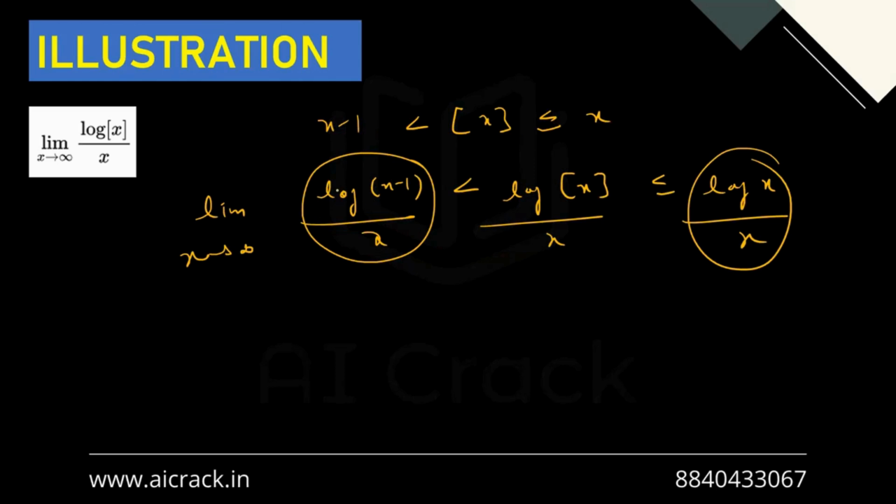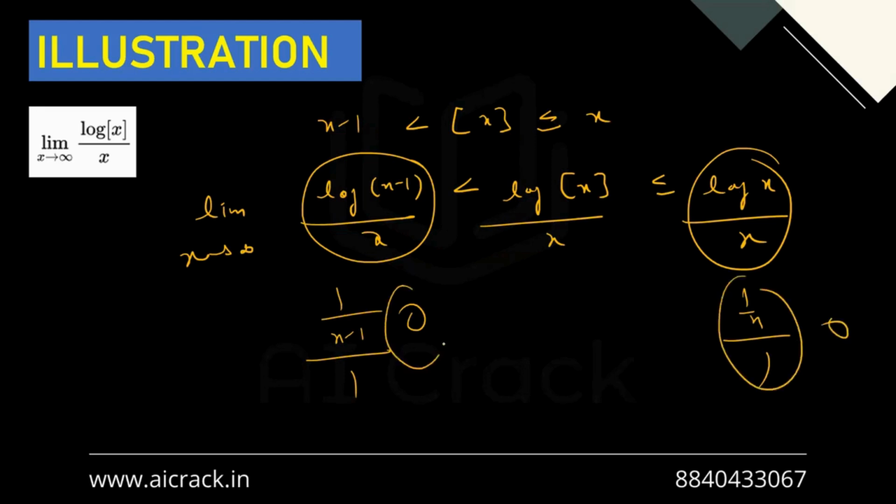If we differentiate numerator and denominator, we get 1 upon x minus 1 divided by 1. So this comes out to be 0 only. And if we differentiate this one, we get 1 upon x divided by 1. Again, this would be 0. Now this is 0, this is 0, so this comes out to be 0 only, based on the sandwich theorem.